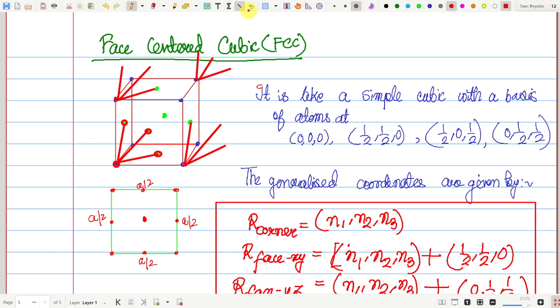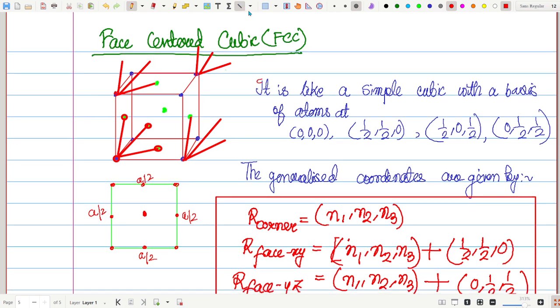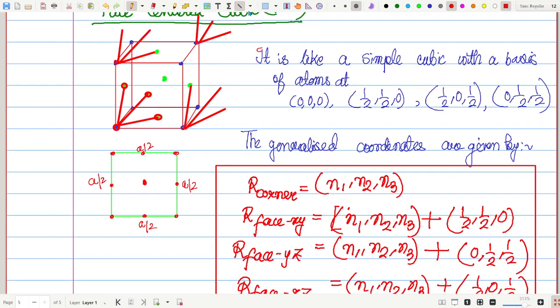If you keep translating it, then you will recover this FCC unit cell structure. So these are the simple cubic lattice of atoms with basis at these 4 points, as you can see.